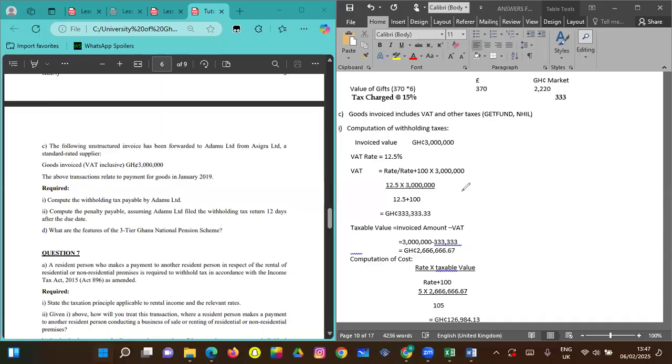So if we want to take it out, then it is going to be 12.5 over 112.5, times 3 million. It is going to be something like this because it has been included already.